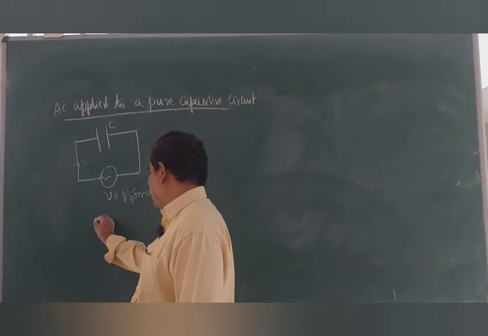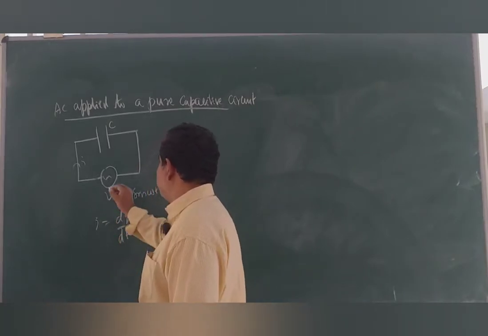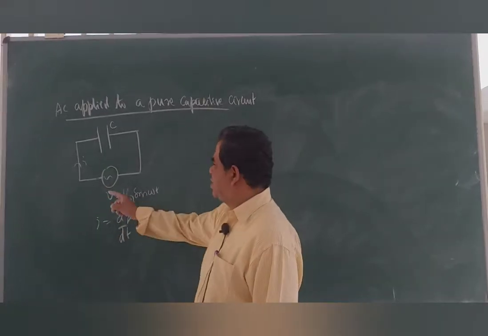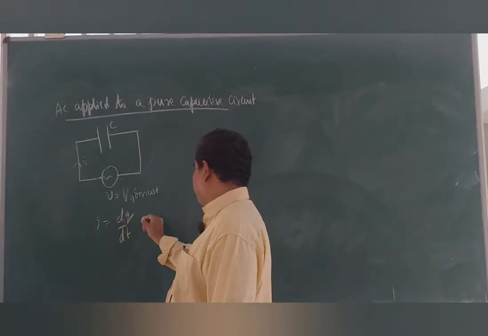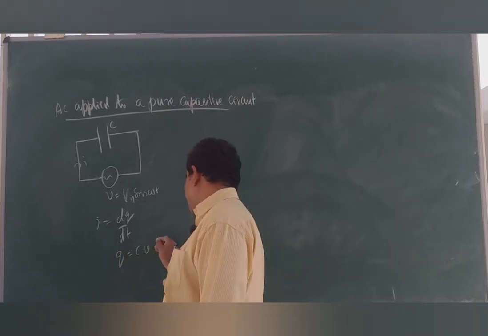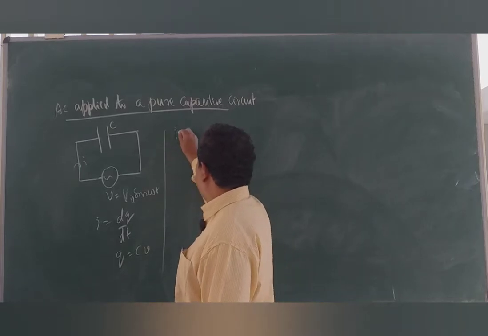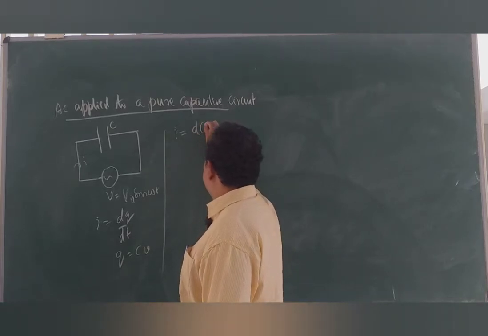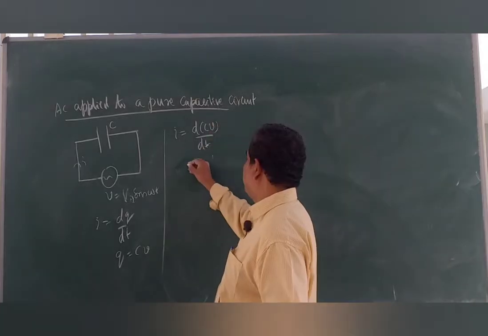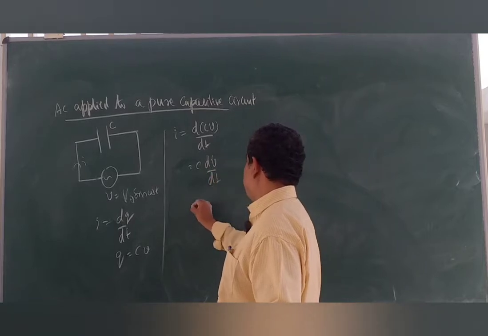For that I write, we know I equals dq by dt, where q is the instantaneous charge passing through. But we know from the capacitance definition q equals C into V, where C is the capacitance. We substitute that there. I equals differential of CV with respect to t. We take C outside, differential of V with respect to t.